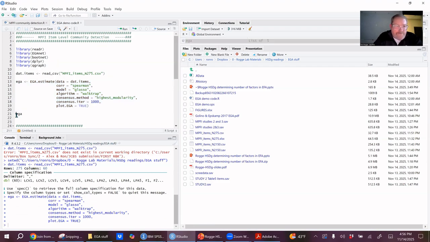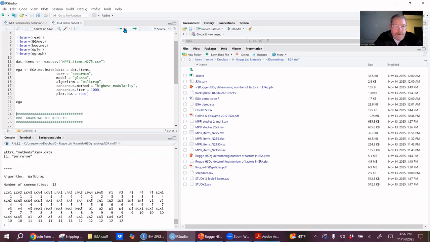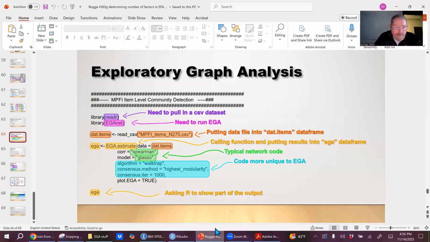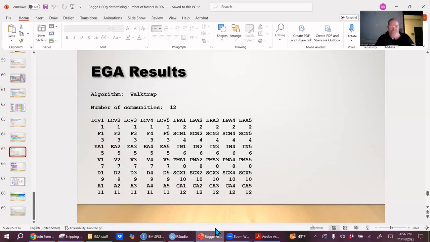And then we ask for the output. And we get this, which shows this. And you can see it specifies 12 communities. So this is the first fancy statistical one to actually, well, I guess the old school MAP did as well. But this one is now specifying the right number of factors to extract. Fair enough?